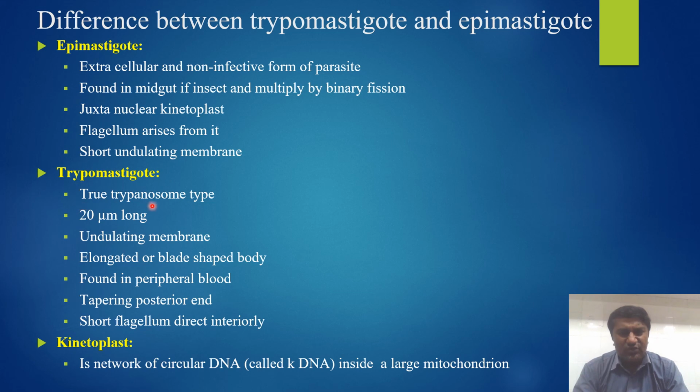The trypomastigote is the true trypanosome type, 20 micrometers long with an undulating membrane, elongated or blade-shaped body, found in peripheral blood, with a tapering posterior end and a short flagellum directed anteriorly. And what is the kinetoplast? It is the network of circular DNA, also called kDNA, inside the large mitochondrion.